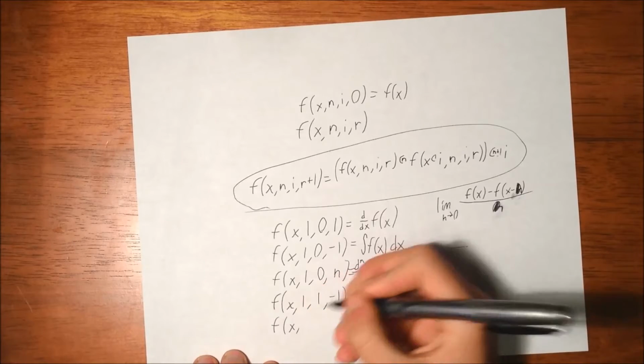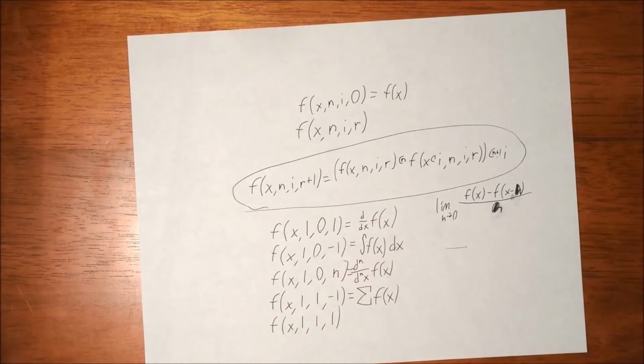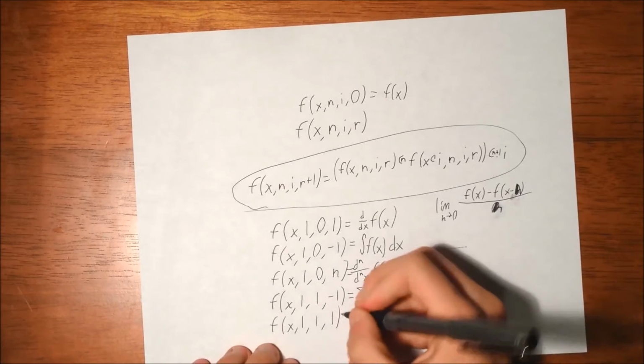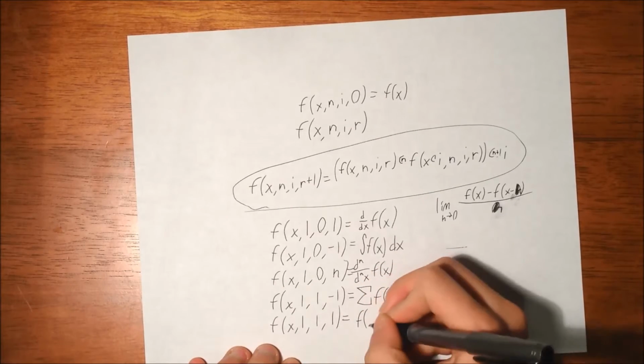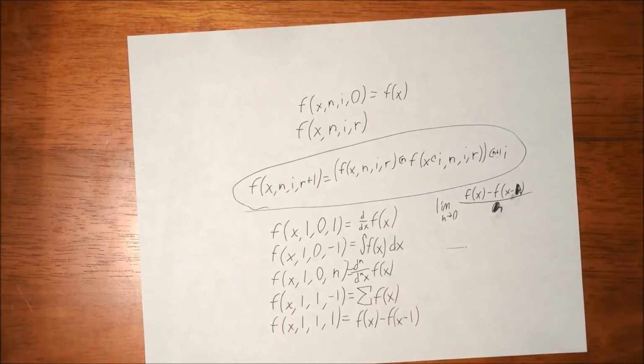And if you do this with a positive repetition, that is equal to f of x minus f of x minus 1, which is the opposite of the summation.